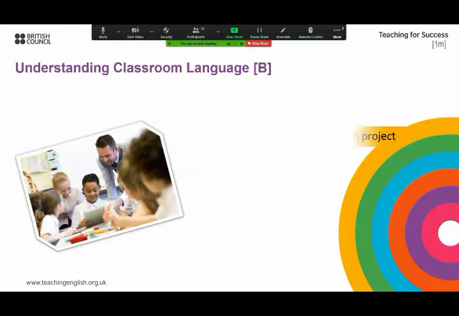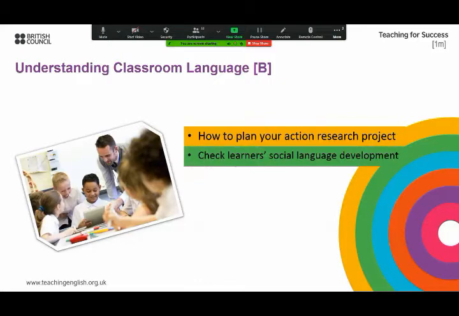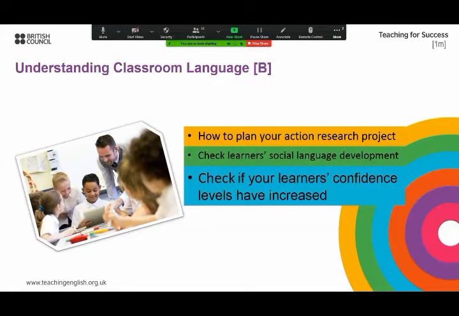How to plan your action research project, check learners' social language development, check if your learners' confidence levels have increased.